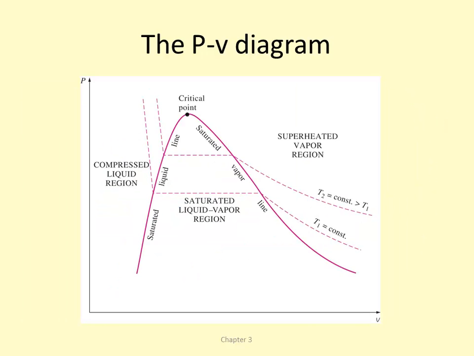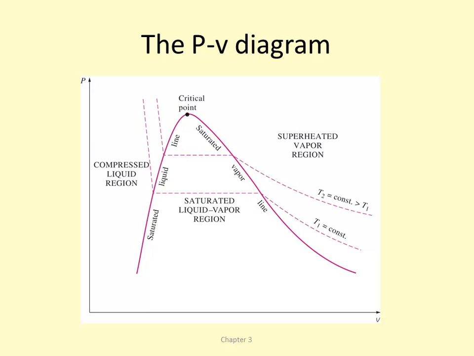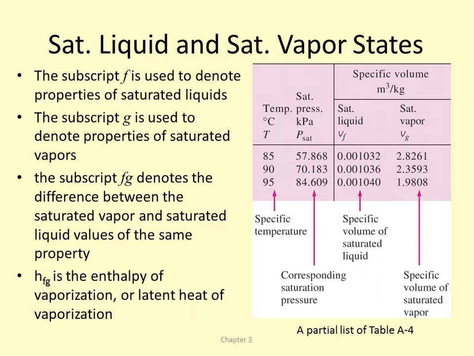So they look a little bit different. This is the PV diagram, so lines of constant temperature go down and to the right, but it looks similar in that there's this dome structure under which everything is in the saturated liquid vapor region.